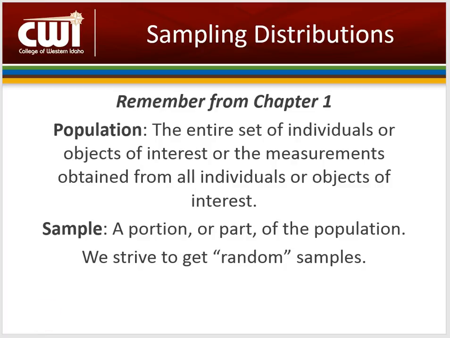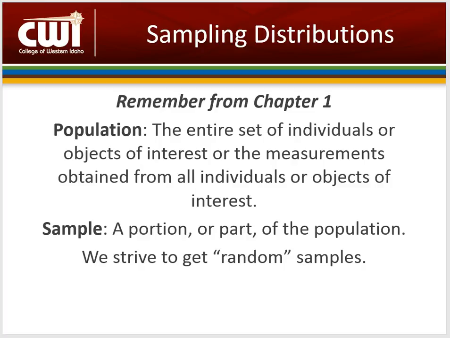Remember from Chapter 1 the definition of a population and the definition of a sample. A population is the entire set of items we are interested in. It could be individuals or some object of interest. We are then interested in some parameter of that population.